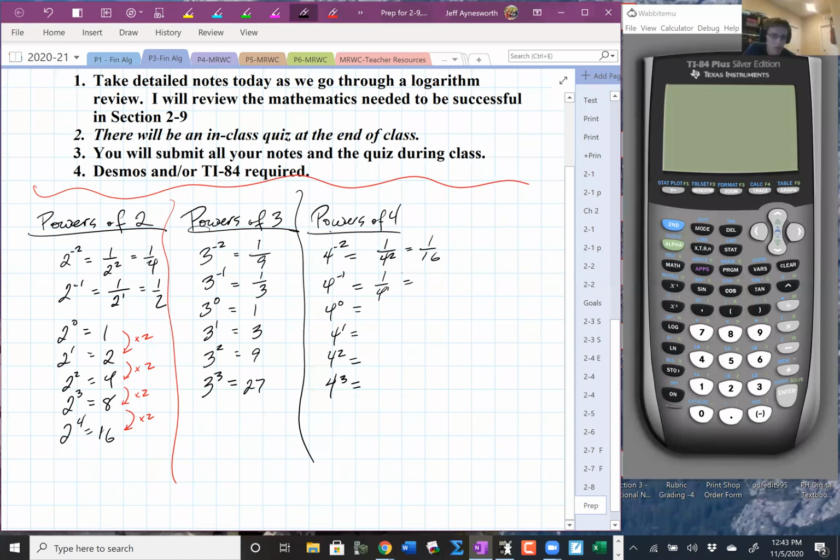So we'll just do 1/4, because 4 to the first power is just 4. Okay. Yep. Raising something to the first power doesn't change it. How about 4 to the 0 power? Just 1. Okay. Keep going. Then 4. Good. Then 16.